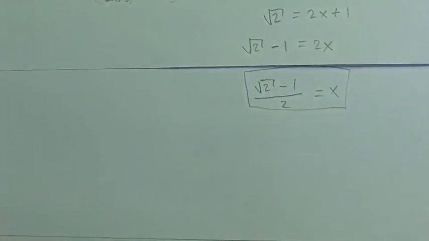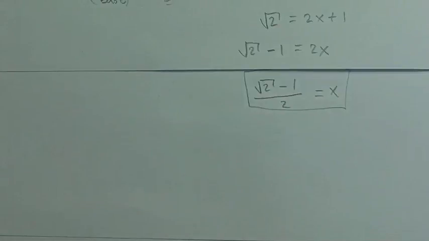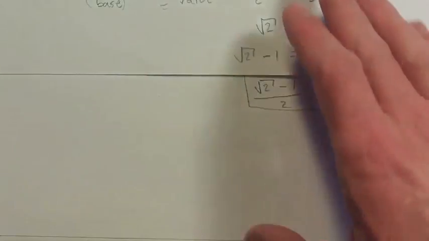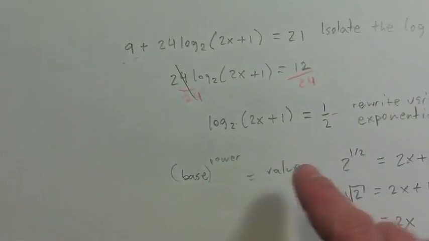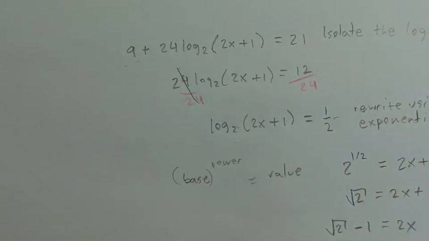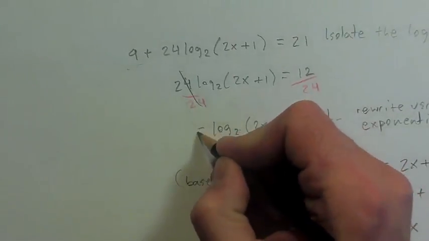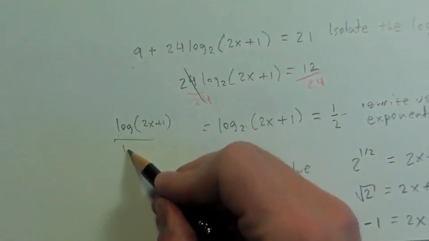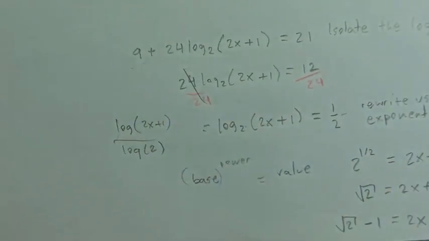And there we go. Not the nicest thing in the world, but if I plug this in, the square root of 2 minus 1 all over 2, I get this. And then if I check that back in my original form of the equation, remember, we don't really have a log base 2, but we could rewrite this as log of 2x plus 1 over log of 2 if we want to actually check this.